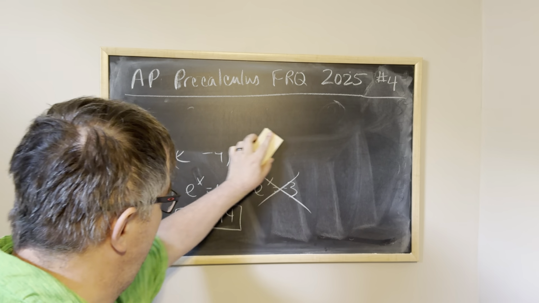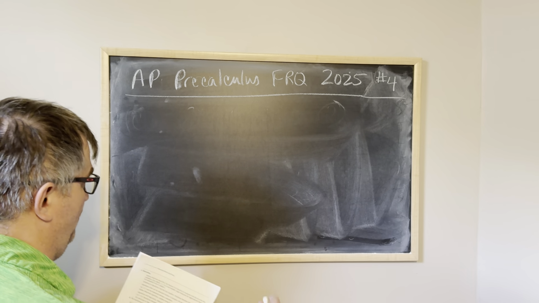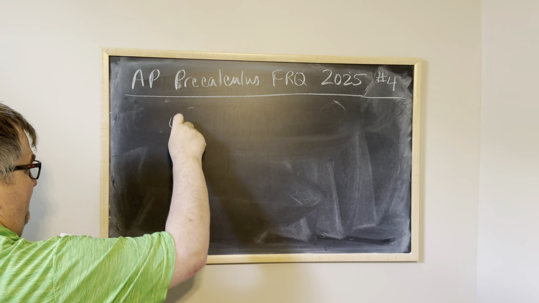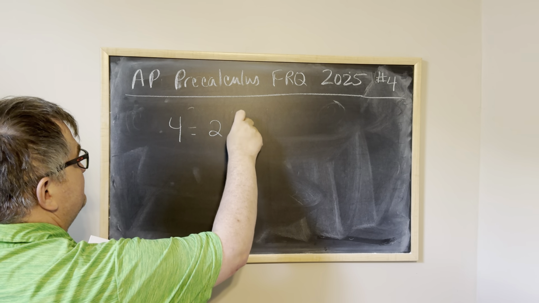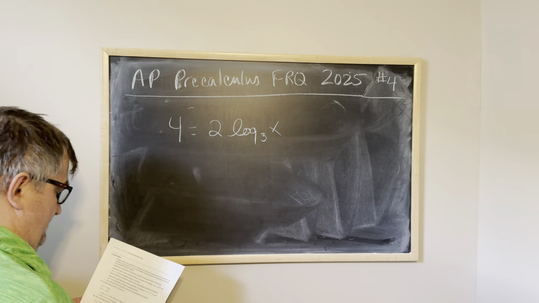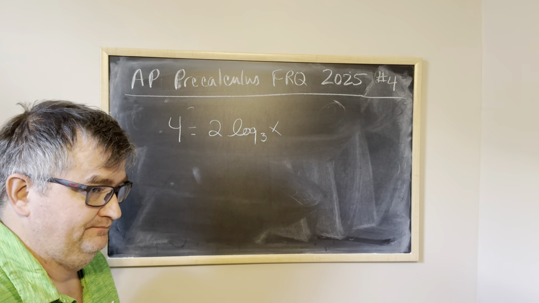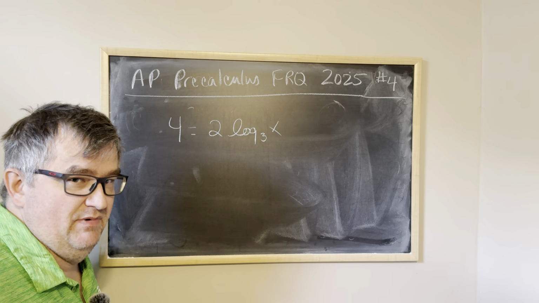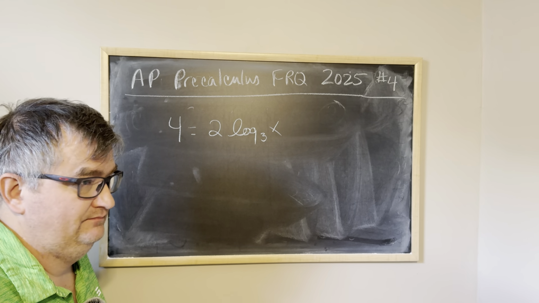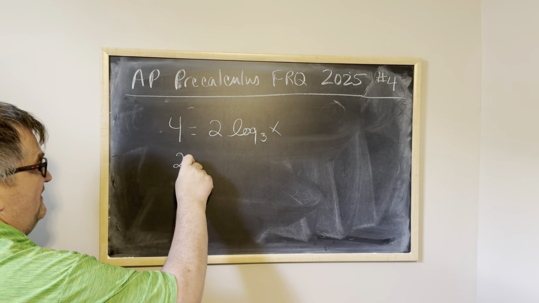All right, so let's go and do A. So A is a 2-parter. Part 1 says solve g of x is 4, and it gives the caveat it's in the domain of g. Okay. Logarithmic functions, also always increasing. So let's go ahead and divide.